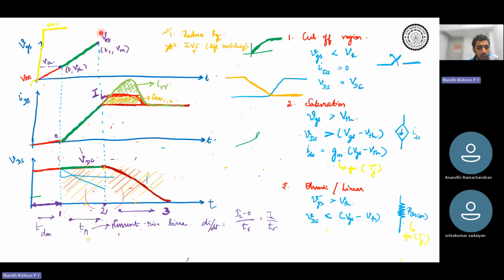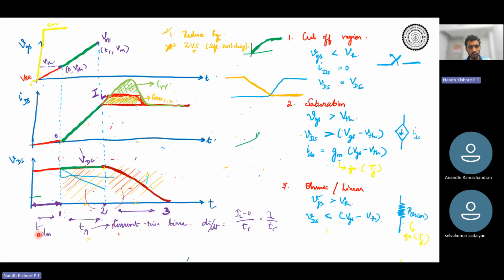Okay, so what happened during the current rise time? Your gate source voltage increased from the threshold voltage, at which the current was zero, to V Miller, at which the current becomes equal to the full load current. So this is your current rise interval. First we have the turn on delay time, wherein the gate source voltage is less than V threshold. So the gate source voltage rises from 0 or negative VEE to V threshold.